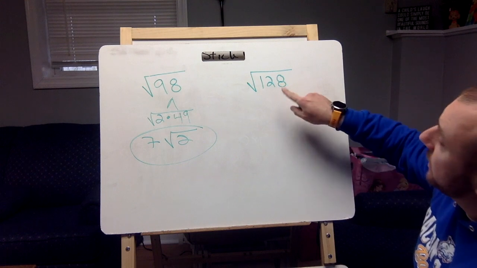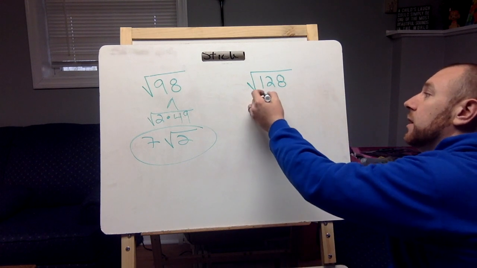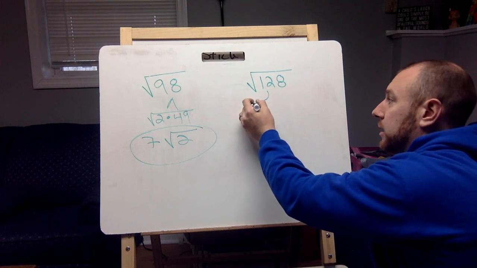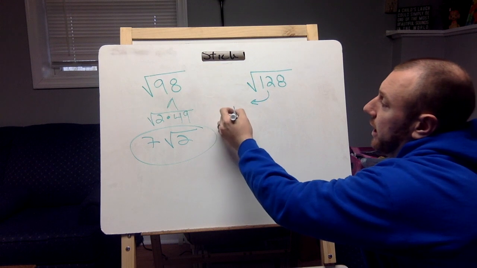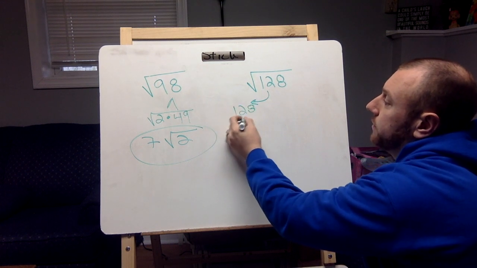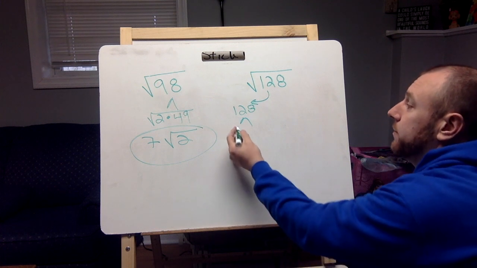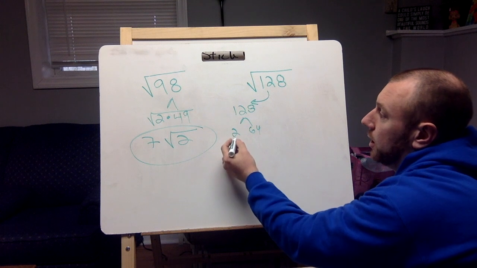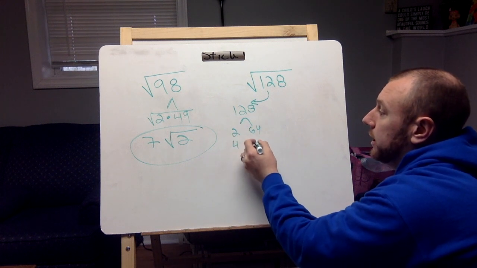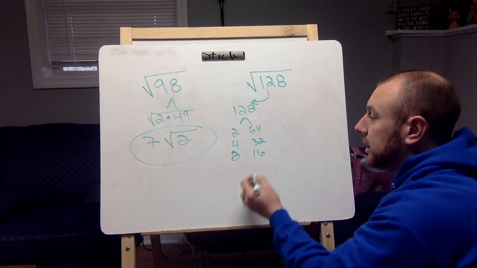Now, there's two different ways of doing 128. So my first way is, let's say I have 128. I start breaking this down. What two numbers multiply to 128? Well, 2 and 64, 4 and 32, 8 and 16.